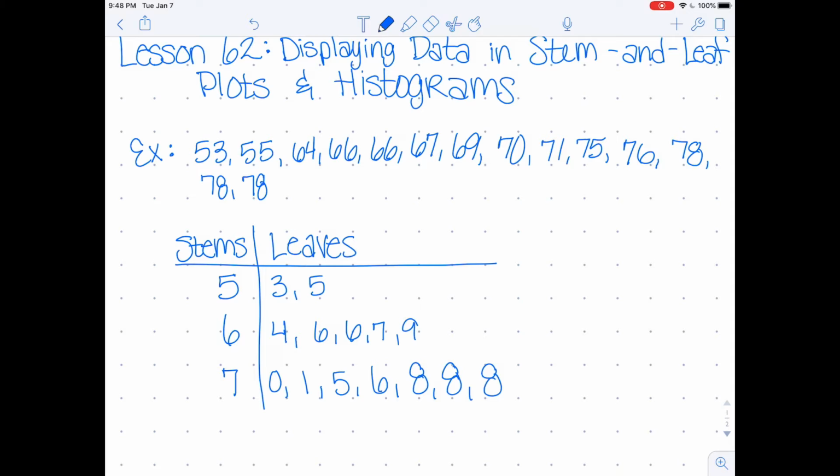Okay, that would be our stem and leaf plot. We would title it High Temperatures in the First 2 Weeks of April.